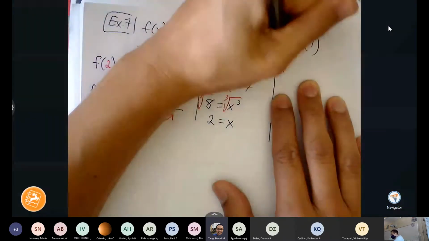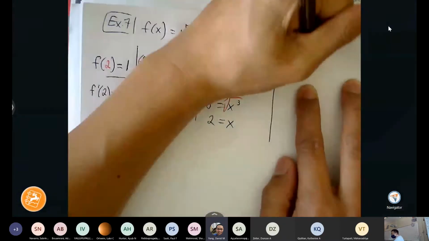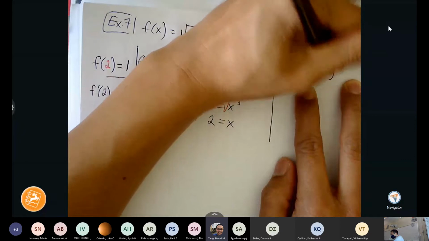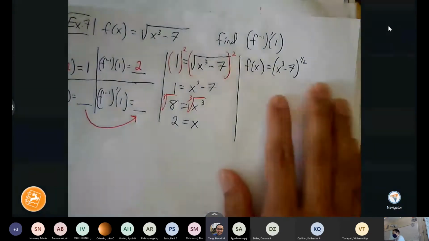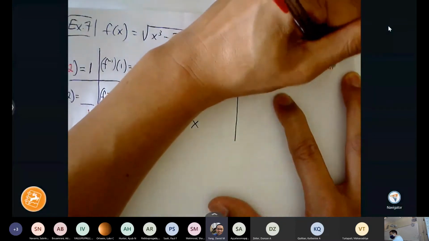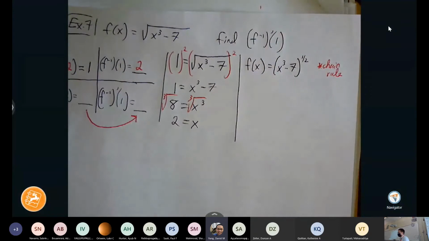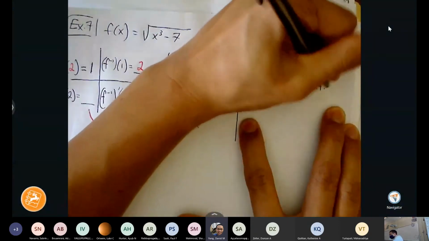To find f prime of x, what do you think we need to use here? The chain rule? Yeah, got a function within the function here. So outside versus inside.